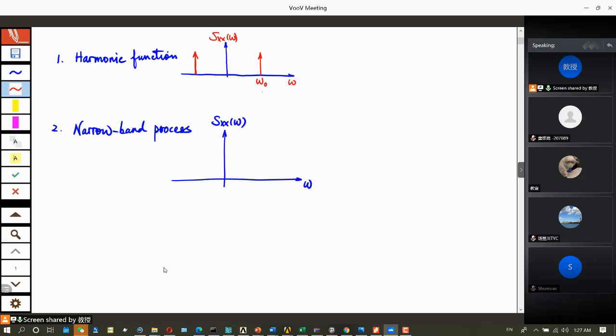For narrow band process, we also have omega 0. It should be symmetric.